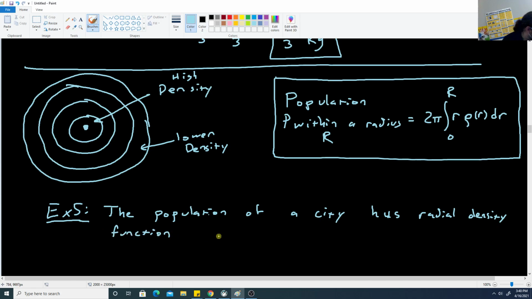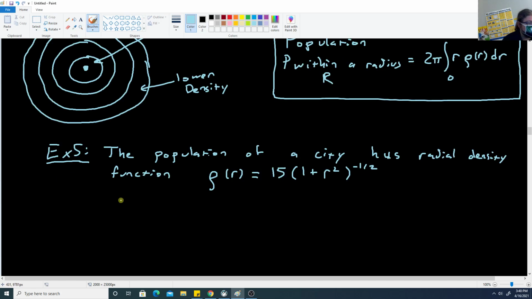We're going to say that that radial density function is rho of r, which equals 15 times (1 plus r squared) to the -1/2 power. In this, little r is the distance from the city center.